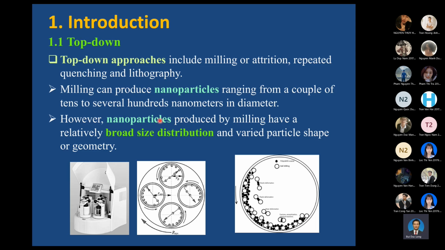Nanoparticles produced by high energy ball milling have a relatively broad size distribution and varied particle size or geometry. The broad size distribution is the main disadvantage of this method.